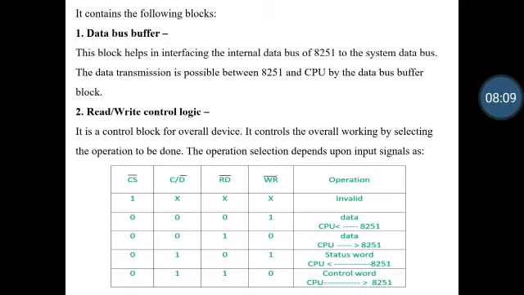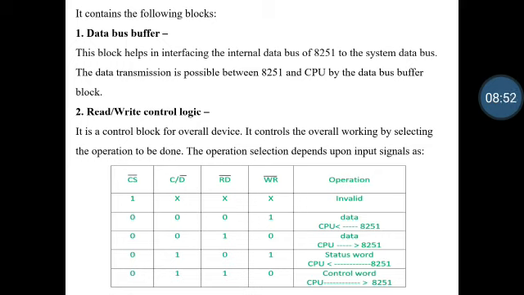From this table you can understand that when the CS chip select signal is high, it is invalid, and no operation is performed by your 8251. When the write signal is low, the data is transmitted from 8251 to the processor. And when the read signal is low, the data is transmitted from the processor to the 8251.